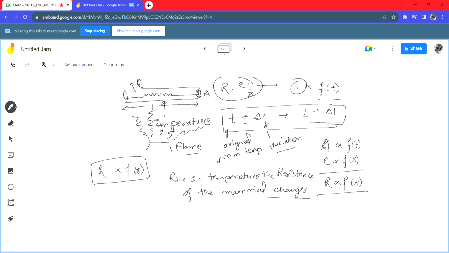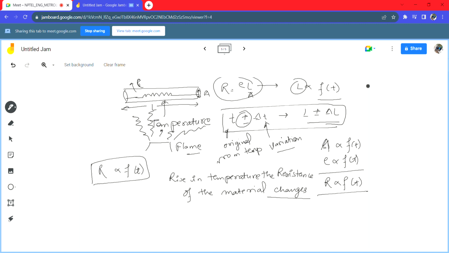I am not saying the rise in temperature would increase the resistance or decrease the resistance. It can always be both ways, and that totally depends on the material. So here we have used the plus minus symbol both. And delta T is the variation, so the variation can be positive and negative also.